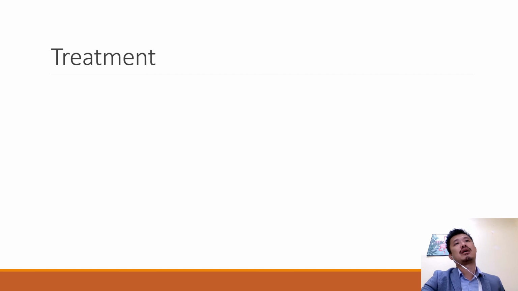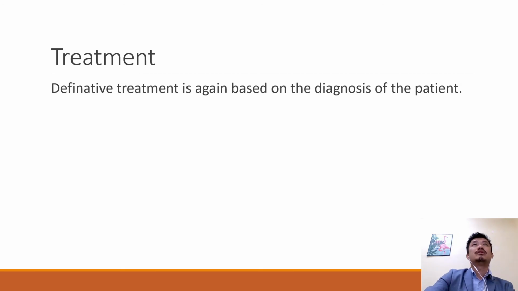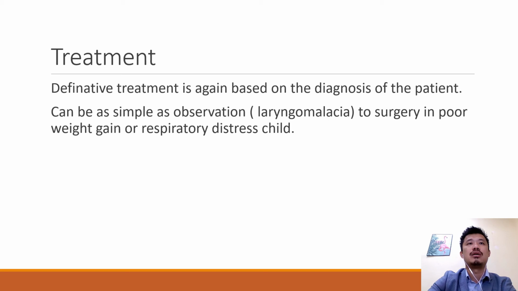So finally, coming to treatment. After all the slides and videos that I've shown you, definitive treatment is based on the diagnosis of the patient as usual. It can be as simple as observation for mild laryngomalacia, to surgery for severe laryngomalacia, as in the patient I showed you just now, where we need to intervene, especially for a child with poor weight gain or in respiratory distress.